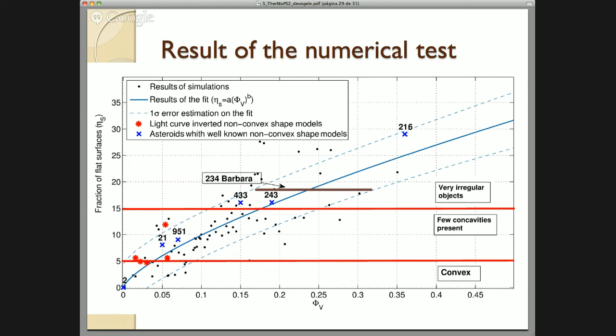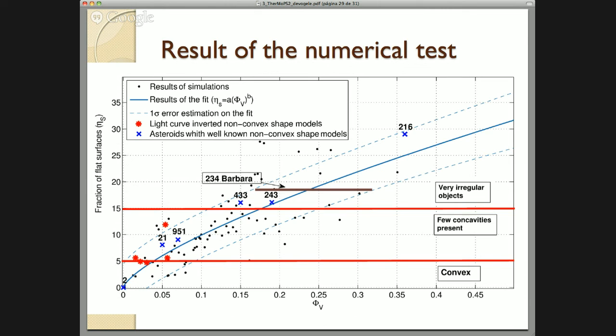For these, we could compute the volume ratio, and we also have light curve inversions using only the information of the light curve. So we obtain convex shape models with light curve inversion. And you can see that all these asteroids fall well within the error bars of our fit to the simulation.